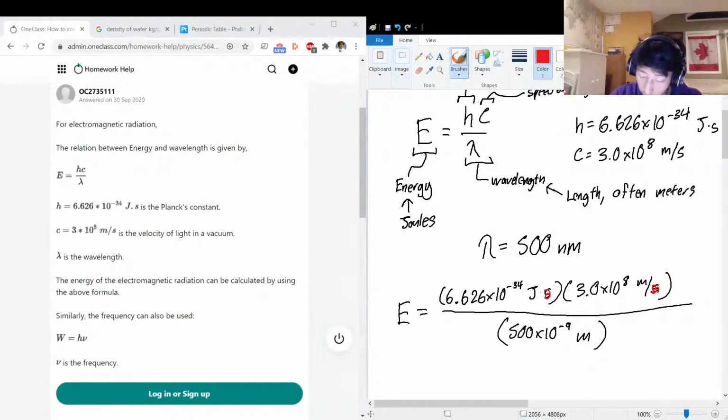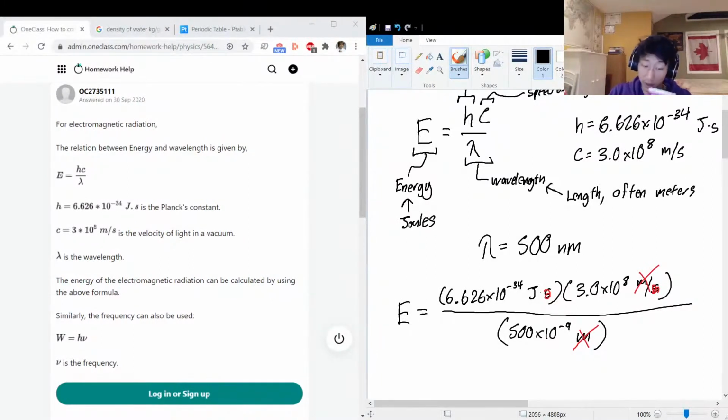Okay, so the meters up here cancel the meters down here, so all that's left is joules, which is very appropriate for measuring energy. So our units check out, so we just got to math it out, and then we can celebrate the fact that we are so good at physics. So 6.626 times 10 to the power of negative 34.